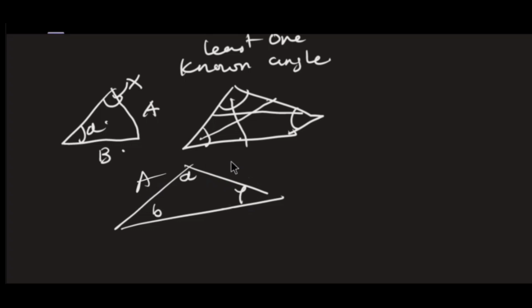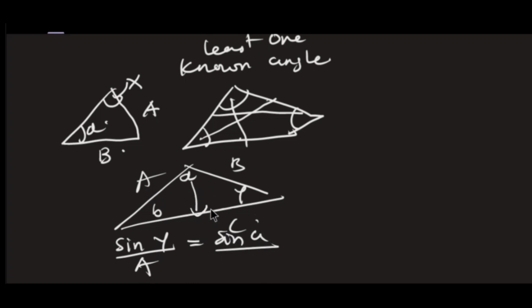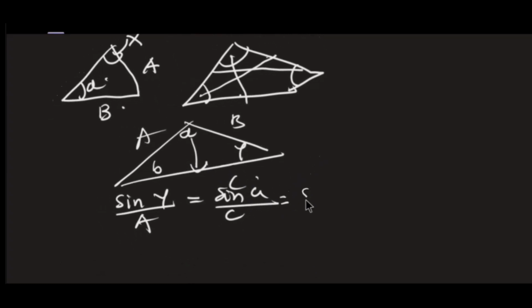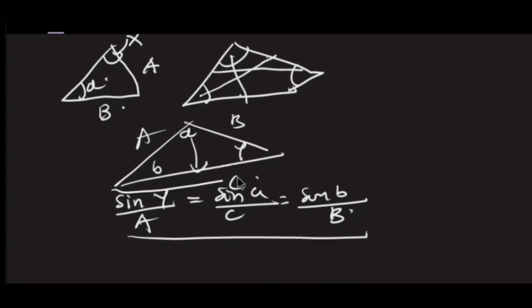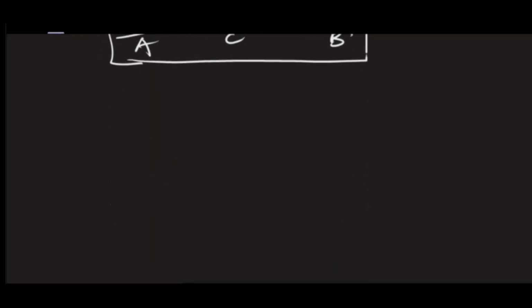This is my A and B and C. So sine gamma over the corresponding opposite side A should be equal to sine alpha over the corresponding side, which is C. And it should also be equal to sine of beta over B. Using this, we can find missing angles in the triangle based on the condition said above. Now let's solve a problem for you to understand it further.